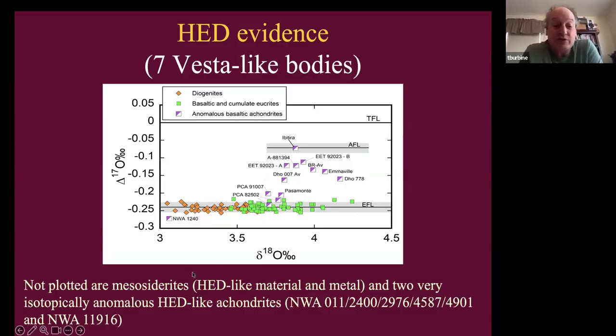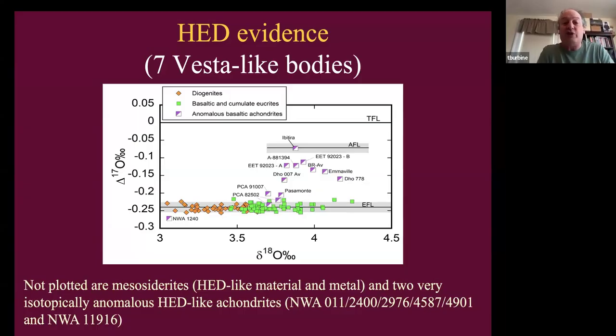Not all are plotted. There's also some mesosiderites, which are parts HED-like material and also metal. They're thought to be maybe a metal body that hit the crust of another body, and some people argue it could be Vesta. Other people argue it isn't Vesta. And there were some very isotopically anomalous HEDs, NWA 011, a few of them, which aren't plotted.